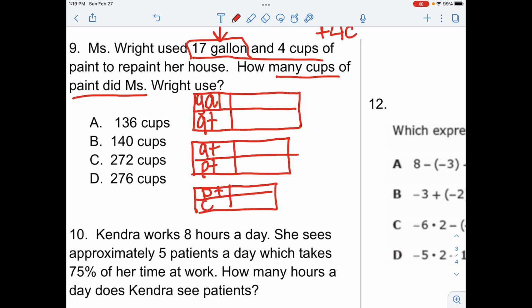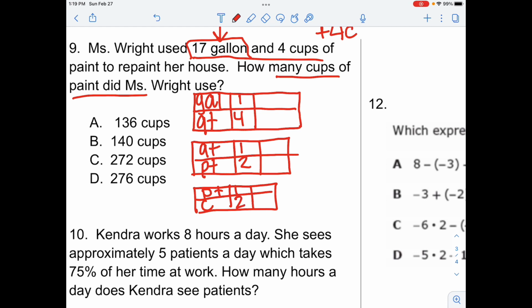Okay, so here we go. I have 1 gallon to 4 quarts, and then 1 quart to 2 pints, and of course 1 pint to 2 cups. Now I'm going to start converting everything.